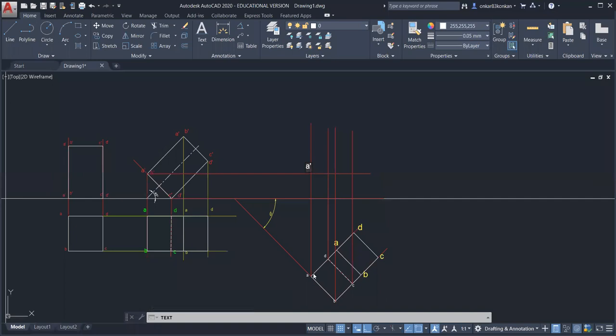So this is the A dash. You can observe here the projector from A and the projector from A dash. So their intersection is the A dash point.